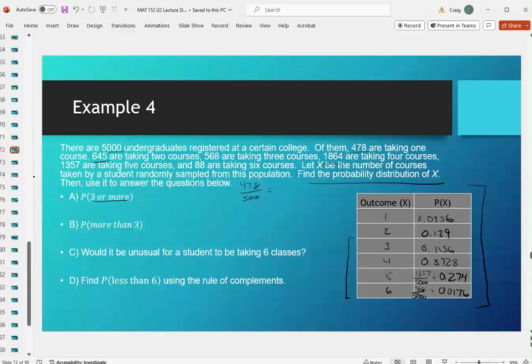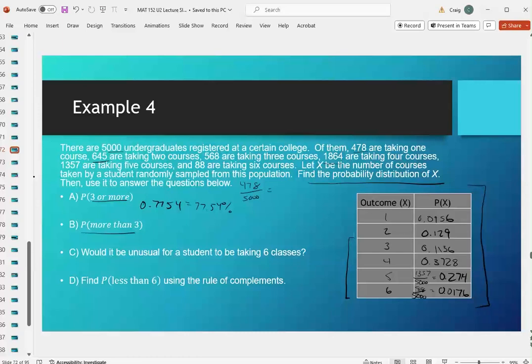Then we should find 0.7754, or 77.54% probability of randomly choosing an undergraduate who's in 3 or more classes.